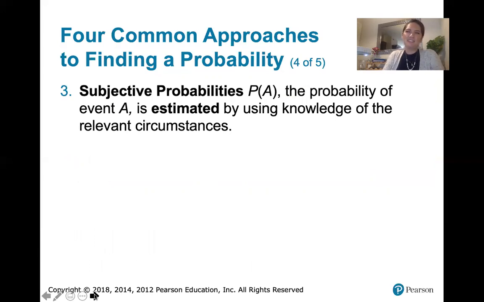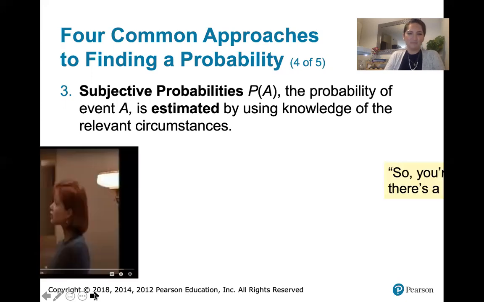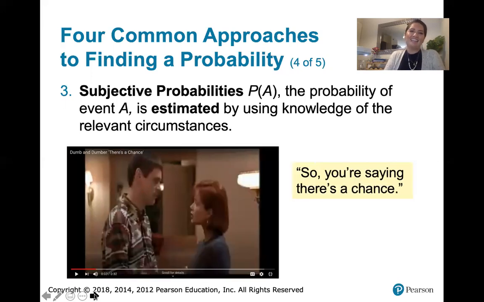I'm about this percent sure that this is going to happen. That's a subjective probability. That person is pulling a number out of the air, but based on intuition about relevant circumstances. So when Mary said, there's a 1 in a million chance that we could go out, she was using a subjective probability.